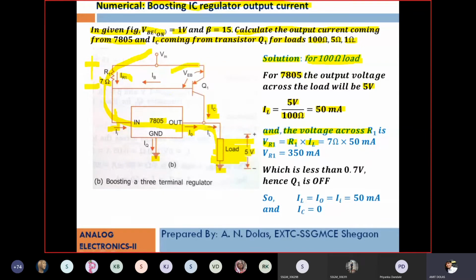So 7 ohm into 50 milliampere, VR1 is 350 millivolt. Now this VR1 is dropped across resistance R1, and you can see the same is connected to the base and emitter of the transistor in terms of VBE. So only 350 millivolt.